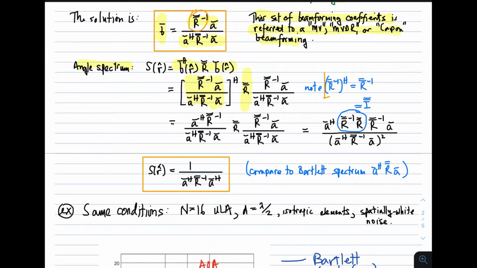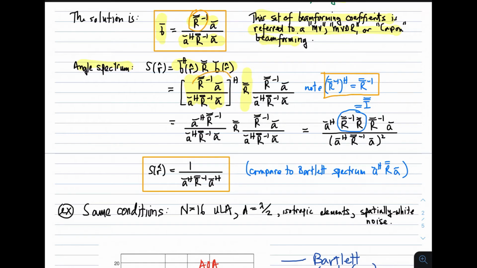First, note that the Hermitian of the inverse of the spatial covariance matrix is just the inverse of the spatial covariance matrix. That's because the spatial covariance matrix and its inverse are both equal to their Hermitian. So the Hermitian has no effect on the inverse of the covariance matrix.